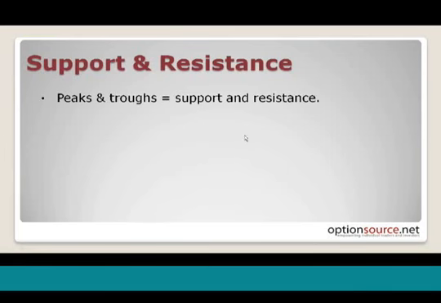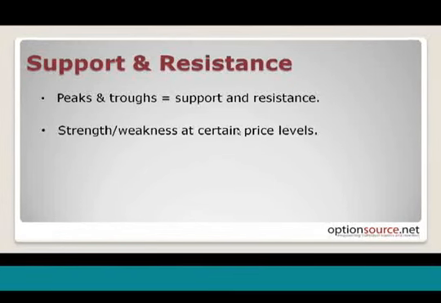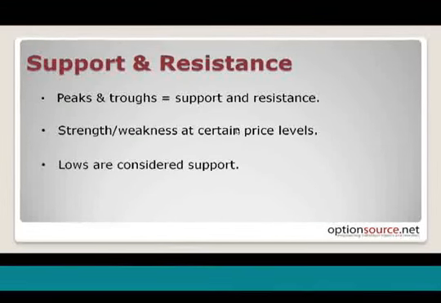So we come back to the whole concept of peaks and troughs, and those peaks and troughs really form our support and resistance levels, and this is where we find strength and weakness. I'll be referencing a chart here in a minute, but of course lows are considered support.